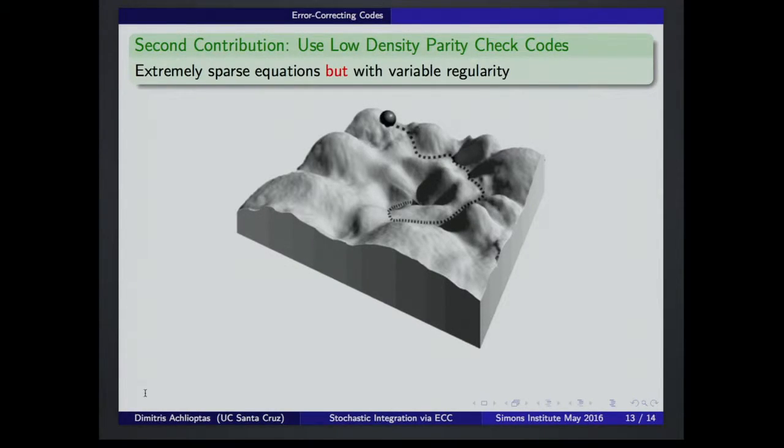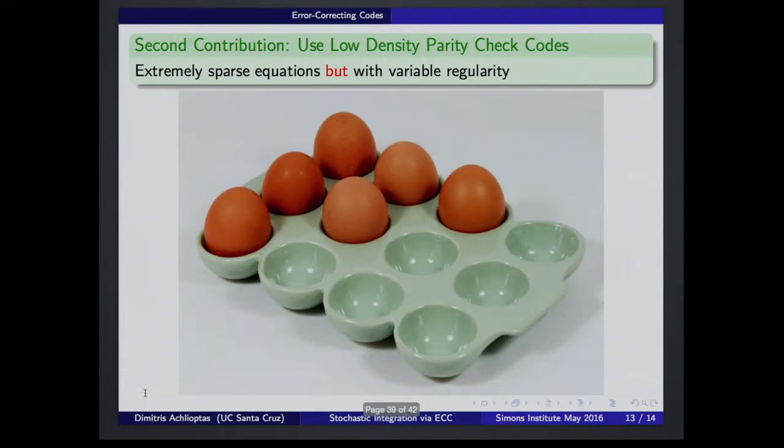If we were using the dense ensemble, the one that I talked about originally, well, that's terrible because it's incredibly spiky. On the other hand, the whole point, one could almost say, of modern coding theory is to create energy landscapes for error correcting codes which look kind of like this.